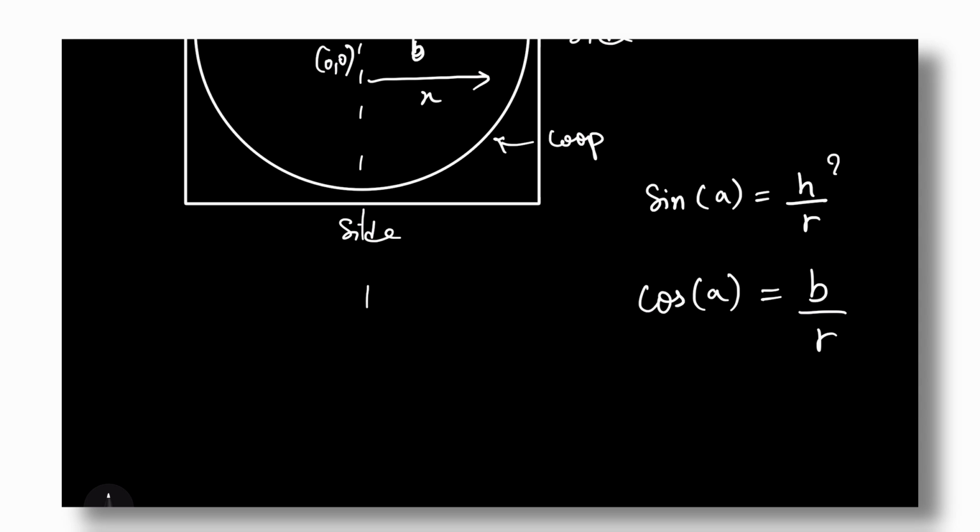Now, we don't have the height and we don't have the base, but we have angle A, since we are giving it to our widget, and we also have the radius.